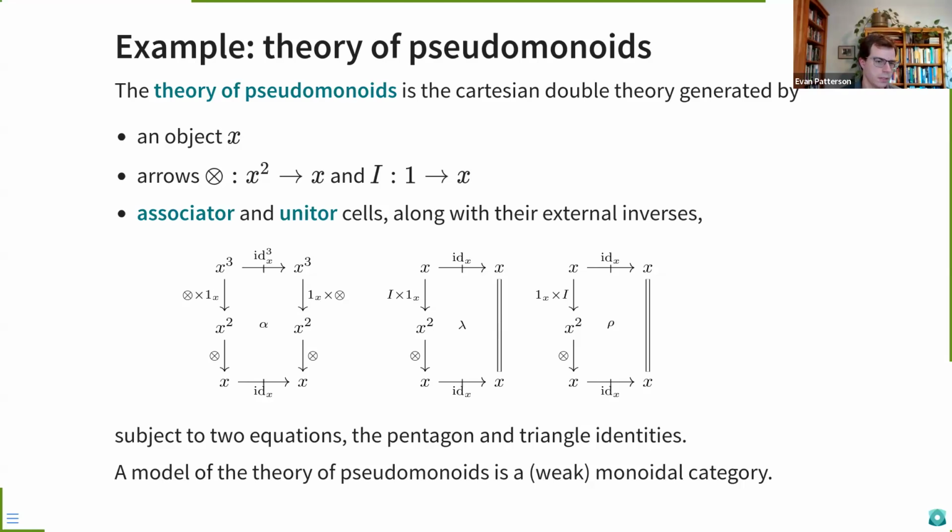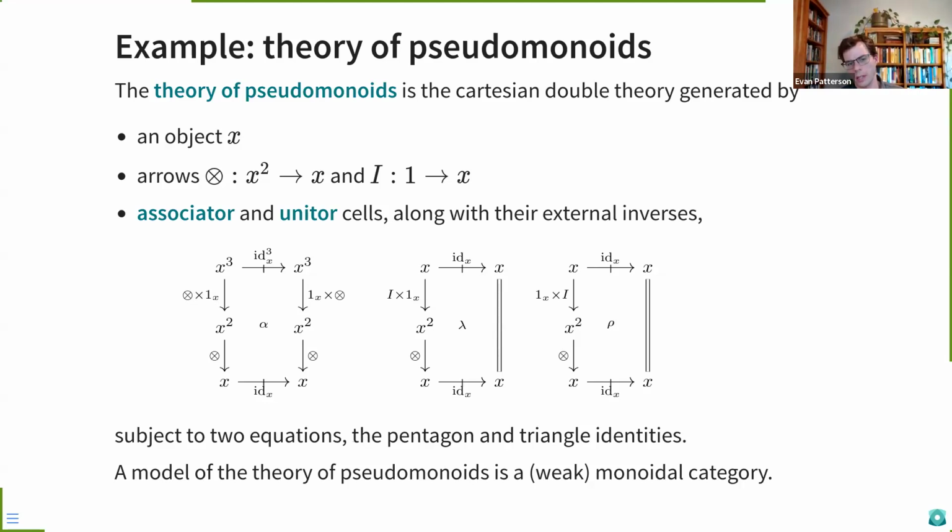To axiomatize that, we introduce some special cells, the associator and uniter cells of this form, along with their external inverses and the equations that would make them external inverses of each other. Finally, we have to introduce the classic equations for a monoidal category, which are the pentagon and the triangle identities.